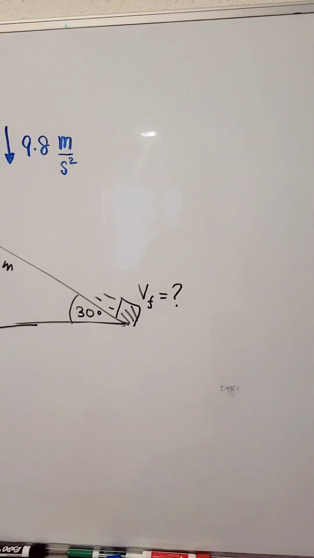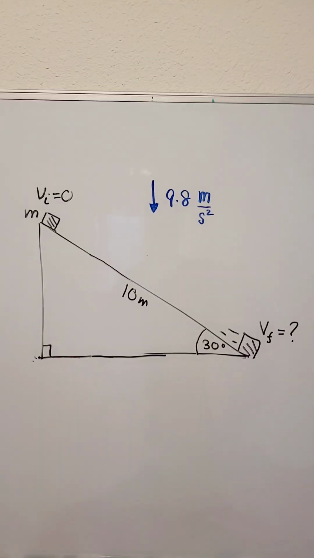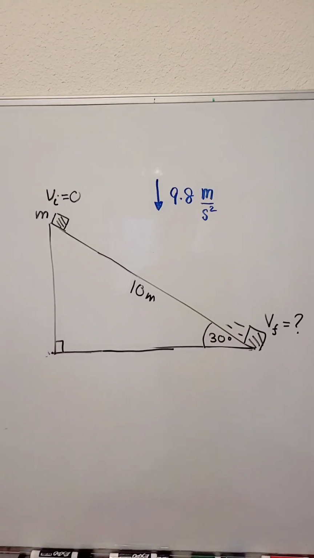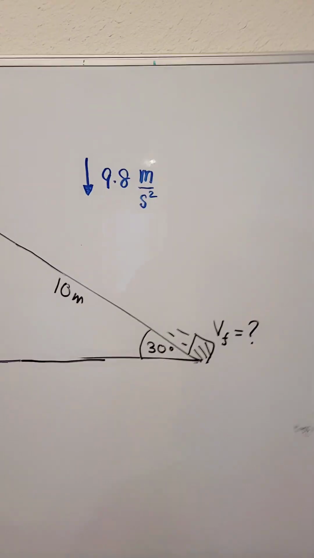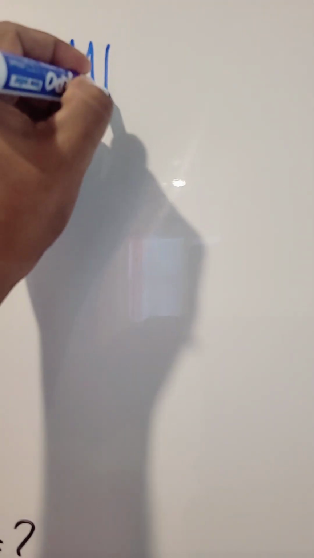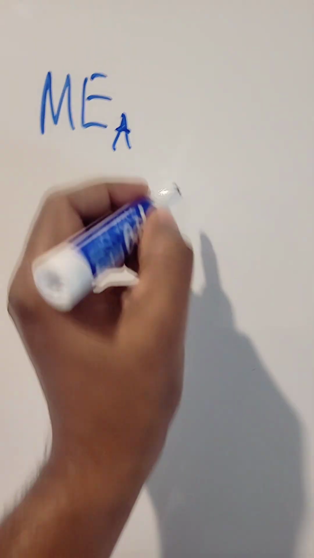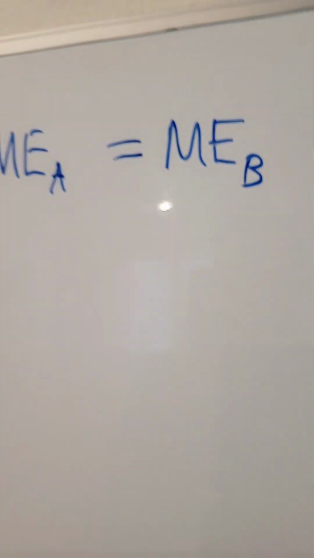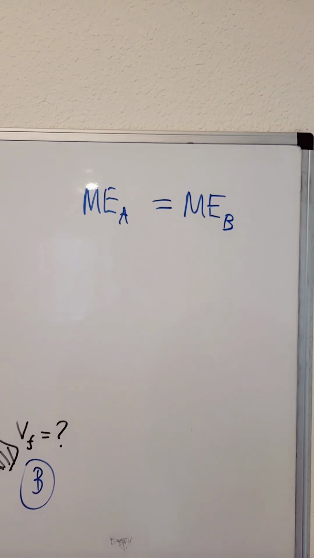If there are no resistive forces, no external forces acting on the system, the mechanical energy is conserved. So let's call this point A, this point B. Mechanical energy is conserved at point A and point B. Okay, conservation of mechanical energy.